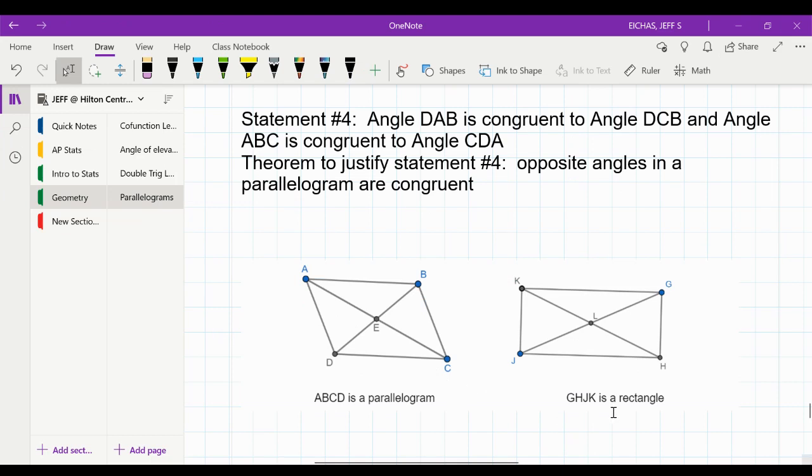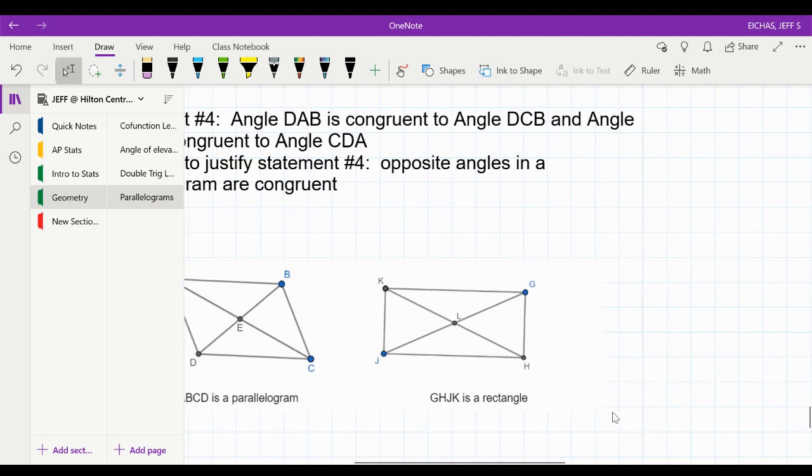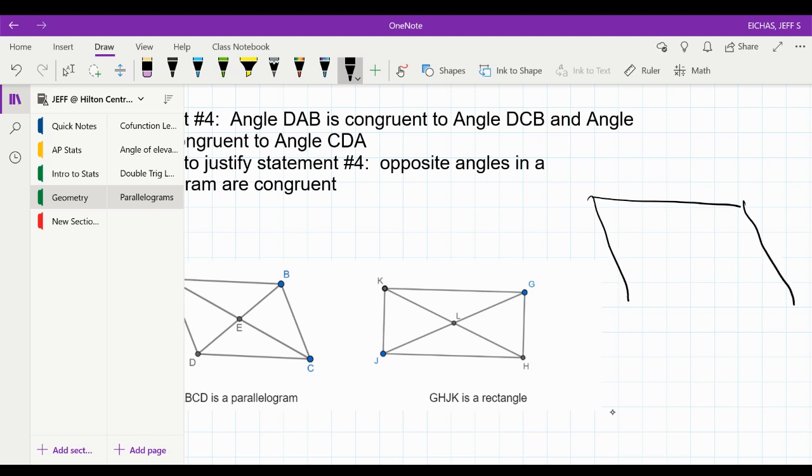Okay. So angle DAB is congruent to angle, okay, so that's this. I'm going to show this one off to the side. We don't need the diagonals in there for this one. So, ABCD.